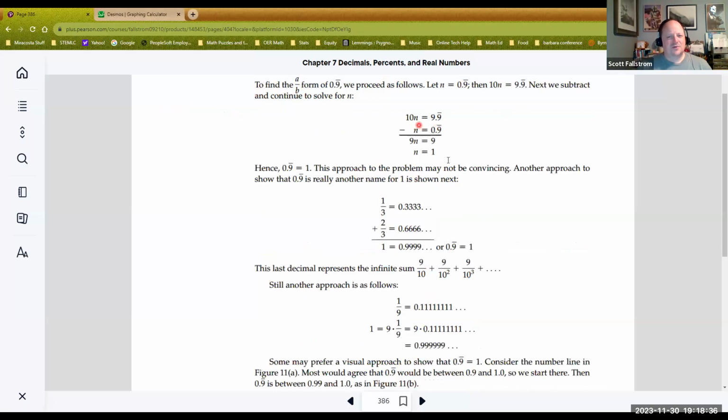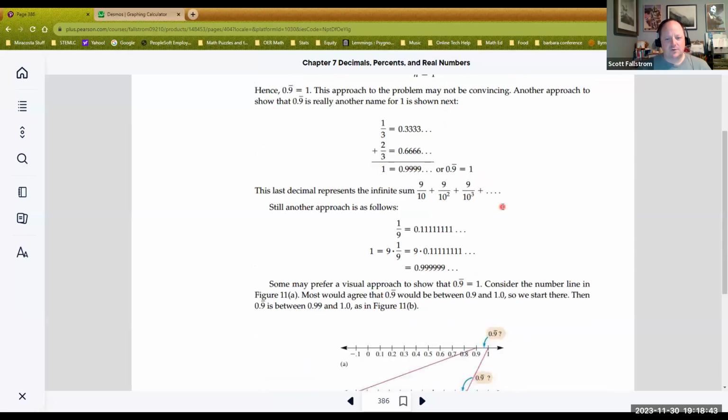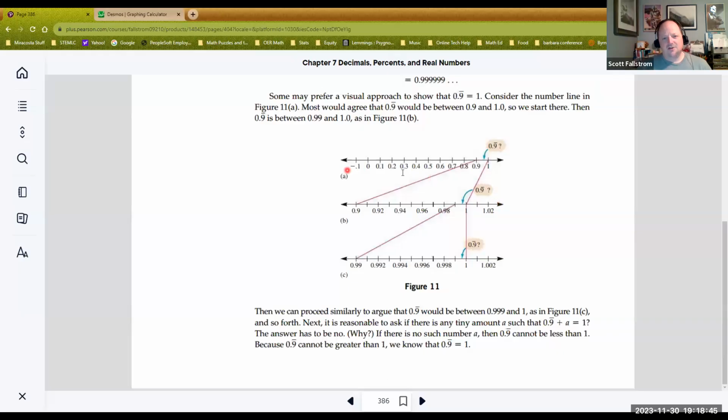And then they get to that surprising result that we actually saw in class with 0.9 repeating. And what you got to see with 0.9 repeating is that it actually is equal to 1. They try to show it here visually with like zooming in on 0.9 repeating. Again, anytime you try to find something between, you could zoom in further. And I could always get something between any other number and 1.